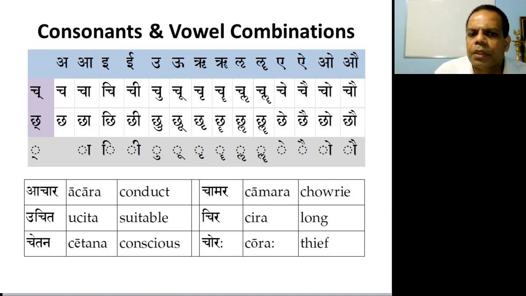Cha, chi, chu, chr, chl, che, chai, cho, chau. Then we are going to the second letter in the Cha Varga, which is aspirated with a little puff of air.